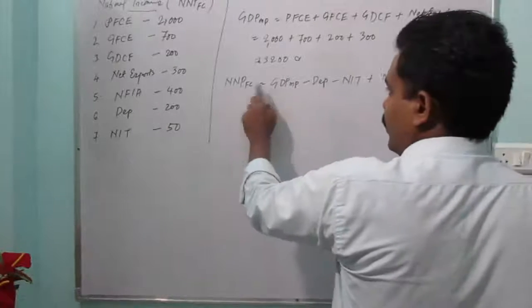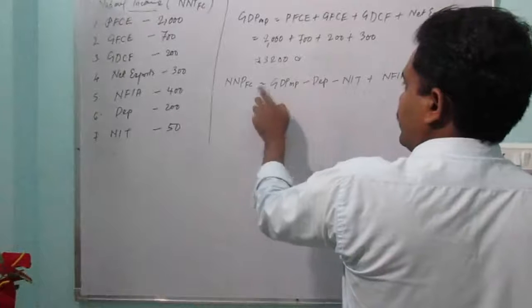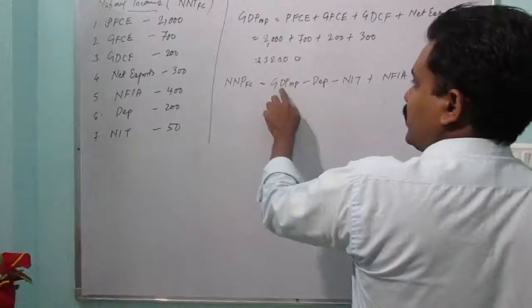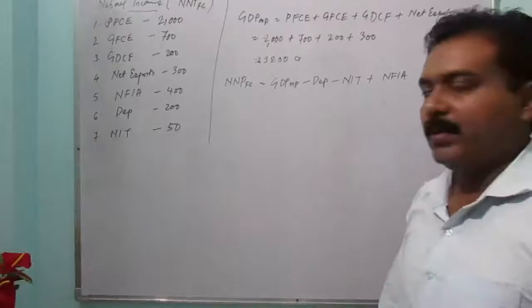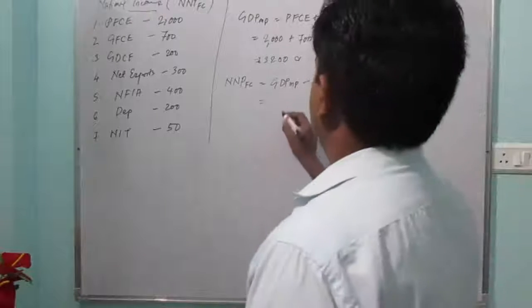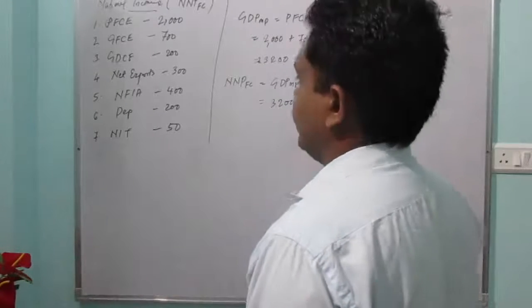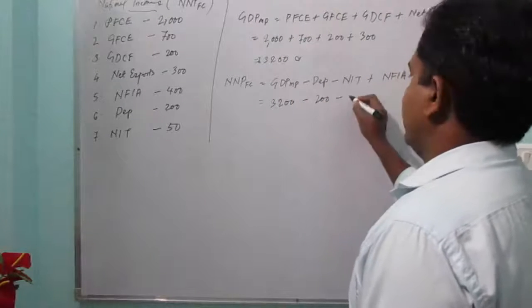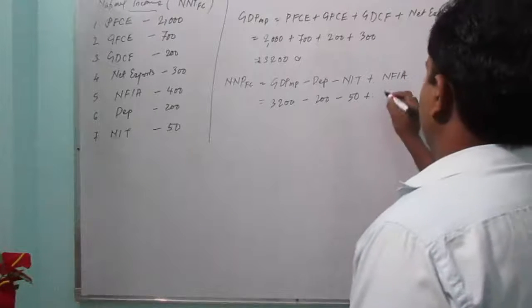Depreciation to make gross into net, NIT to convert market price into factor cost, adding NFIA to make domestic income into national income. Understood? Now 3200 minus depreciation 200 minus NIT 50 plus NFIA 400.